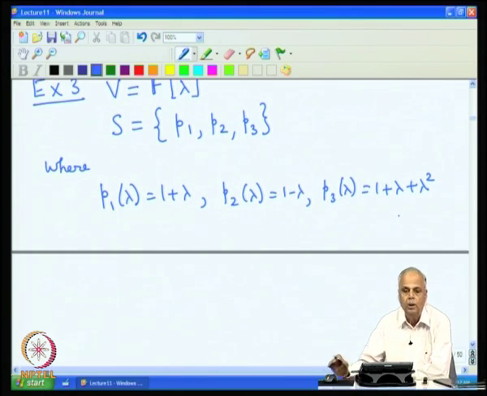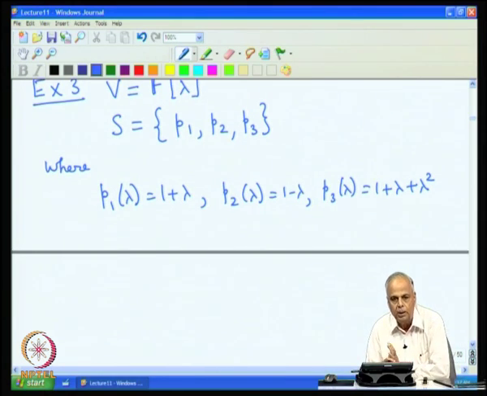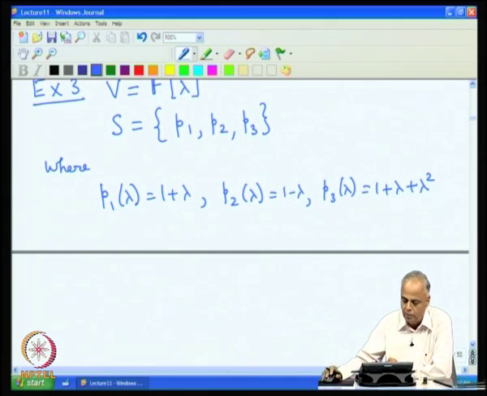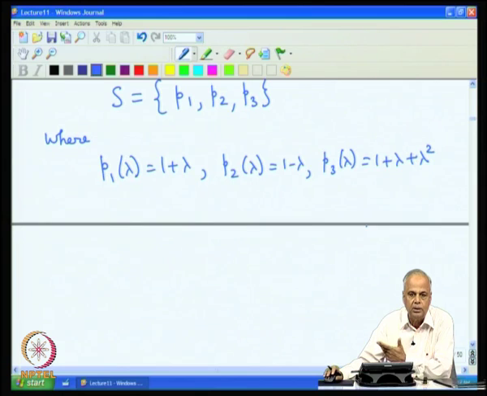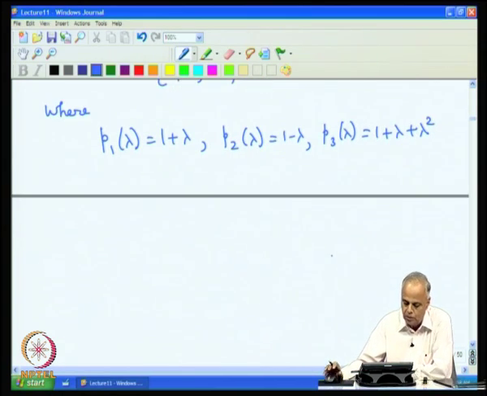So, we have the vector space of all the polynomials, and we have taken a finite set of 3 vectors. Vectors here are polynomials, because this vector space consists of polynomials.